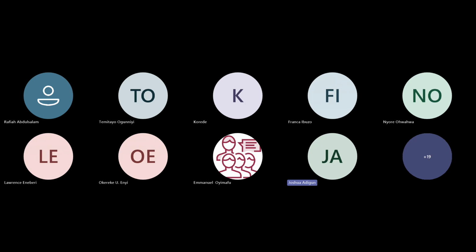So definitely you would want to change your domain, especially for your website, and then you have to add it to your Microsoft 365 also to reflect in your emails and your SharePoint also. So you just need to go through the steps Nyore has showed us, and then you can have it changed.